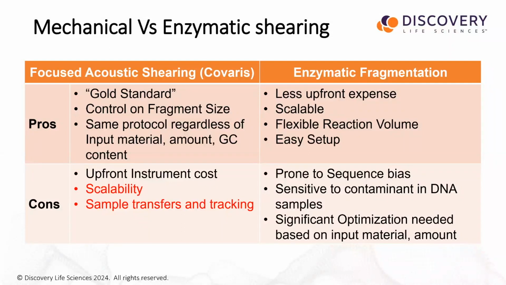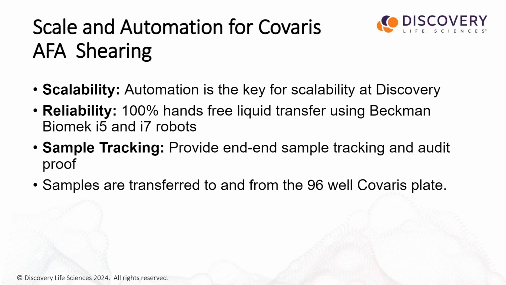The Covaris shearing technology does involve an upfront instrument cost, and I would like to talk about some of the scalability and sample tracking side of things here. However, on the enzymatic fragmentation, some of the drawbacks are beyond cost.